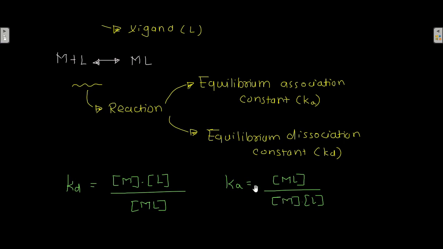So this equation gives you the equilibrium association constant, and this equation gives you the equilibrium dissociation constant.